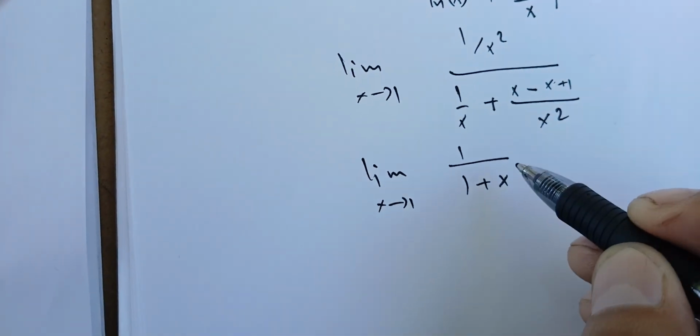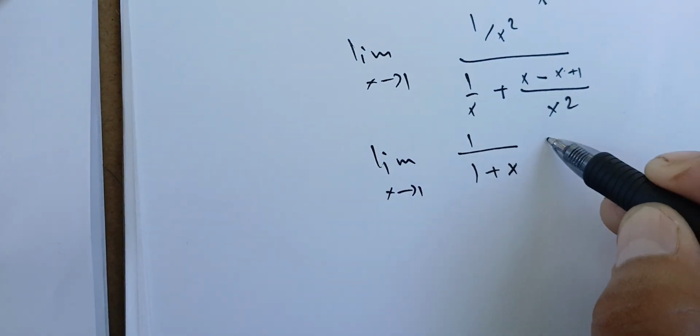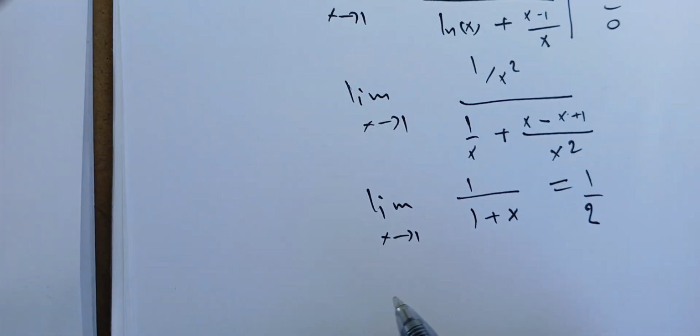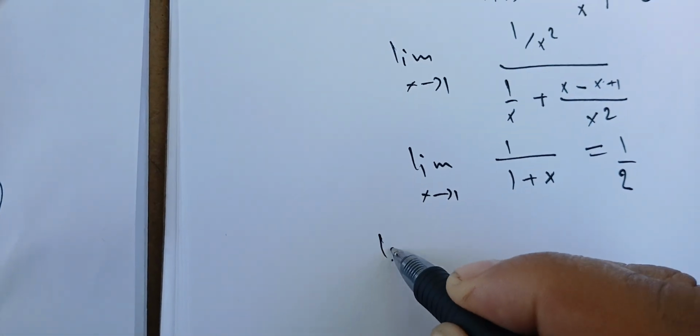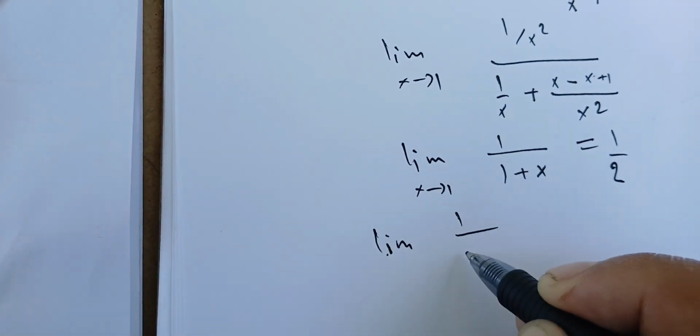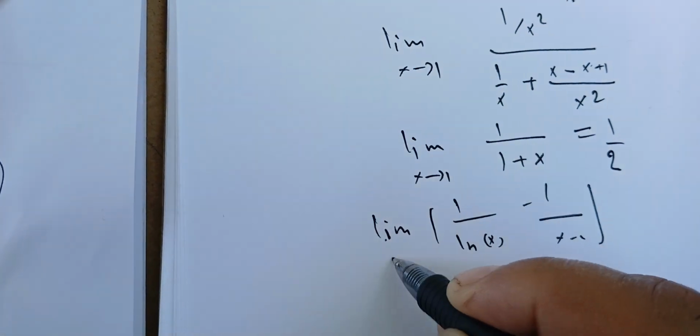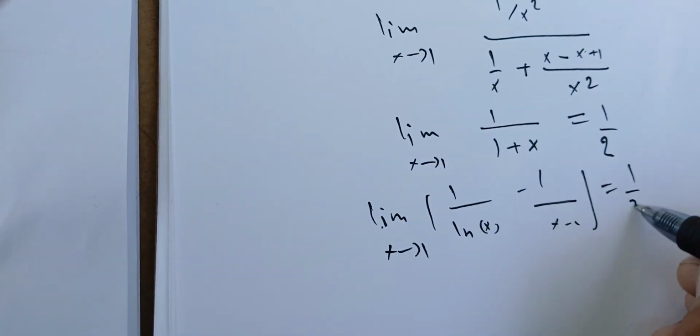Now we evaluate and we get 1 over 2, and this is our limit. Therefore the limit of 1 over ln of x minus 1 over x minus 1 as x goes to 1 is 1/2.